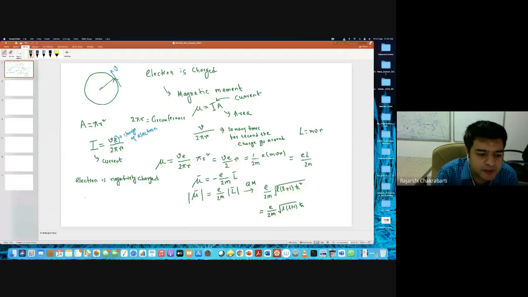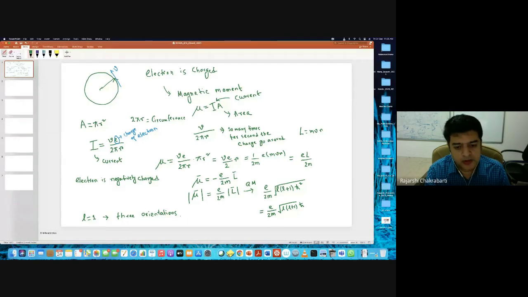So, for example, if I have one electron for which L equals 1, then there will be 3 orientations for the magnetic moment, like 3 orientations for the angular momentum.